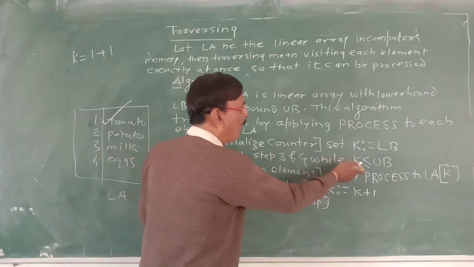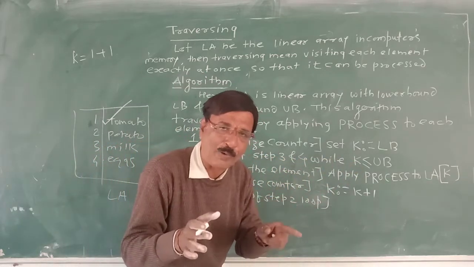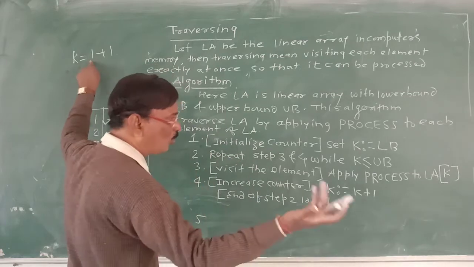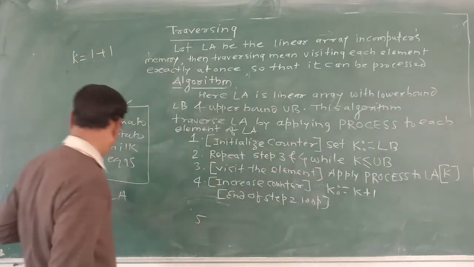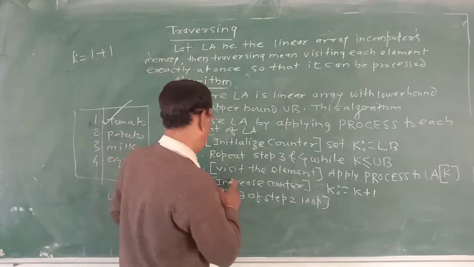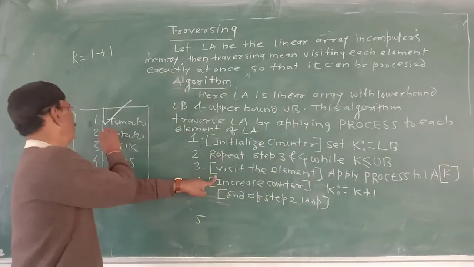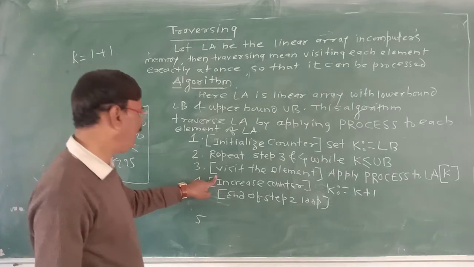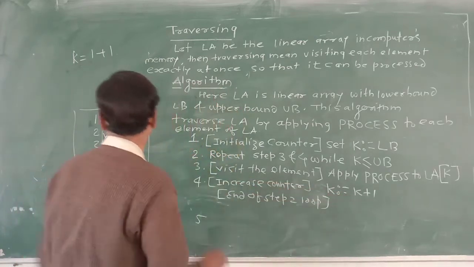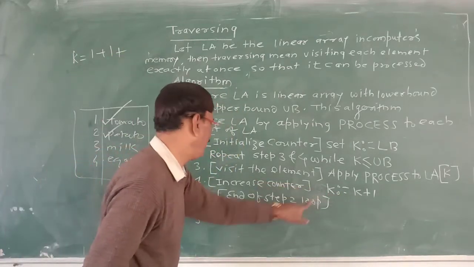Repeat steps 3 and 4 while K is smaller than or equal to upper bound. K is 2, smaller than upper bound 4. So visit and apply the process to LA[2]. So 2 is processed. Increase the counter, K equals K plus 1. K becomes 3. End of the step 2 loop.